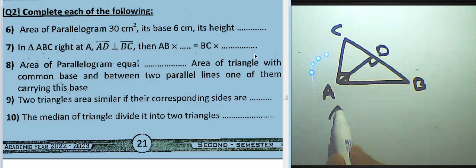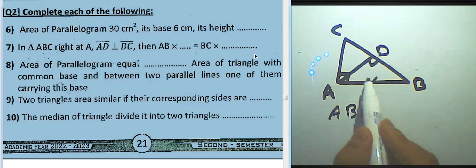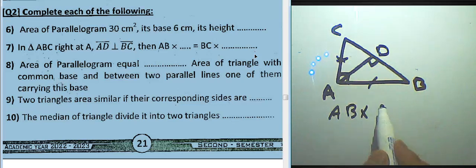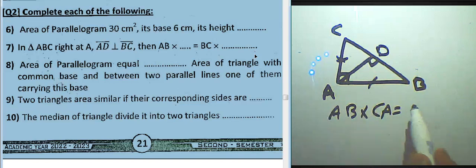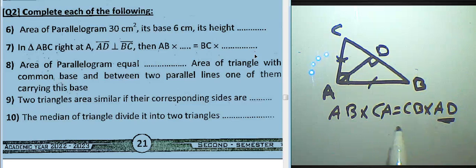Then AB multiplied by the adjacent side equals base times the height, CB times AD. So we must write AD here and CA here in the space of this example by using Euclid's theorem.